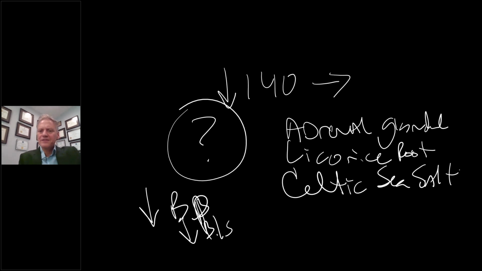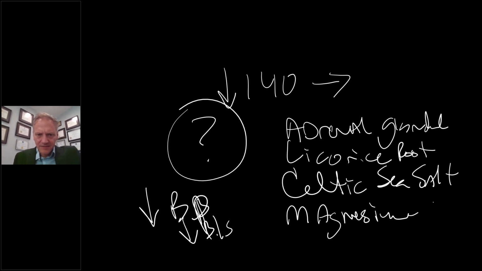So we're going to use these things, and then I'm going to look and see what their need for magnesium is. Why would I use magnesium in this case? Well, magnesium is a great balancer of a sympathetic nervous system that's run off the rails.